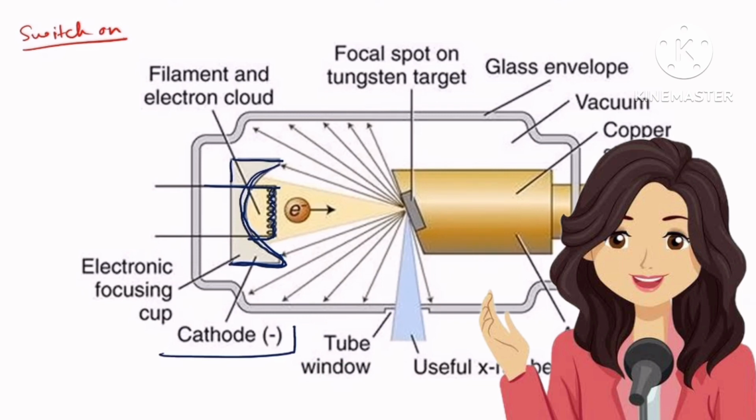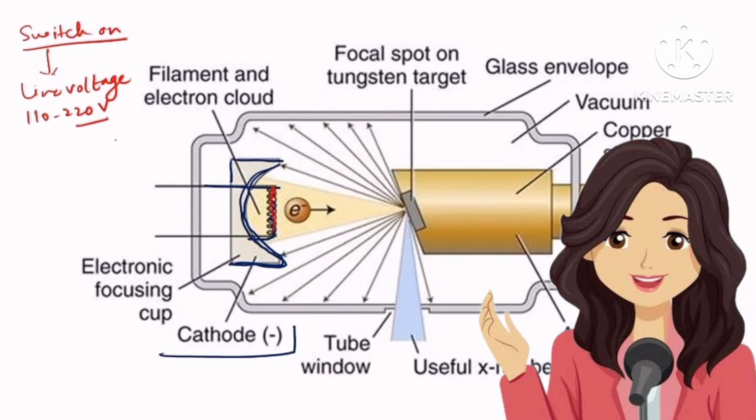You switch on the X-ray tube. What happens is the line voltage of 110 to 220 volts passes through it, and it will heat the filament over here. It will heat this tungsten filament.